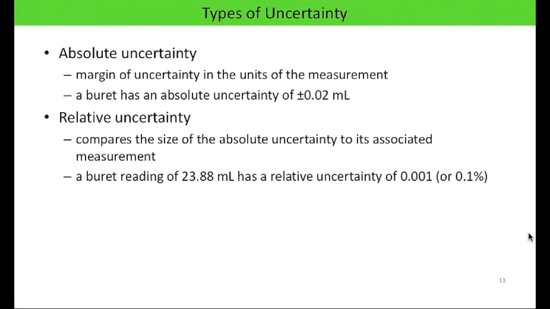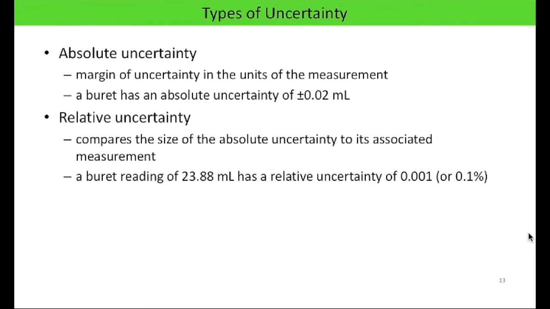Okay, so in terms of uncertainty, there are 2 different types: absolute uncertainty and relative uncertainty. Absolute uncertainty is expressed in the same units as the measurement itself. So if the measurement is in milliliters, like a burette, an absolute uncertainty will also have units of milliliters. For example, the burettes you use in lab have an absolute uncertainty of plus or minus 0.02 milliliters.